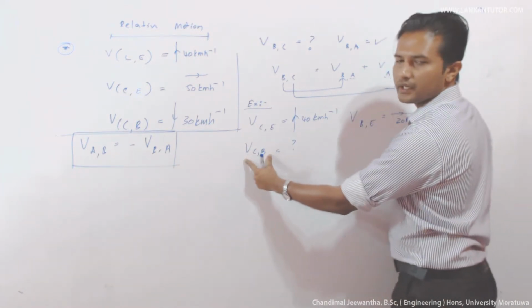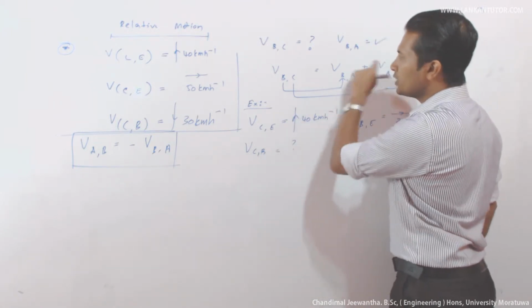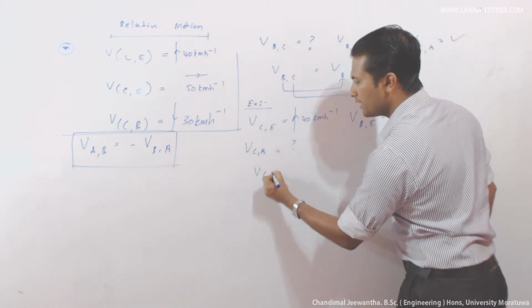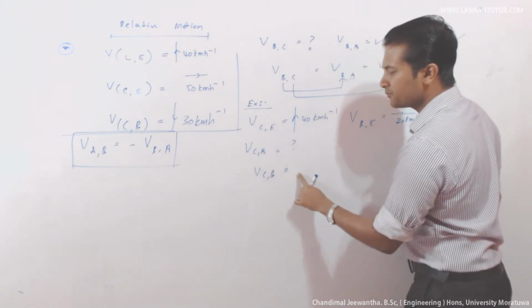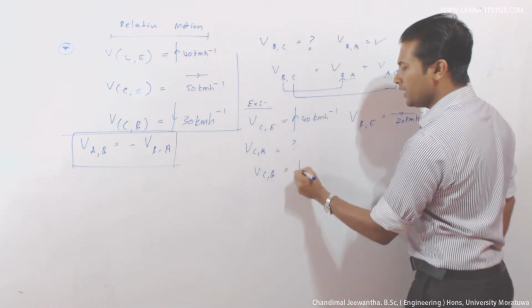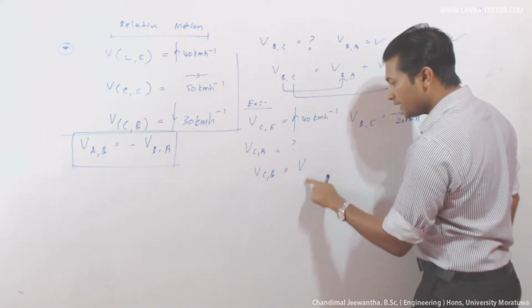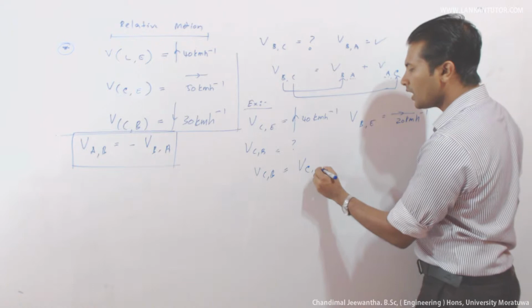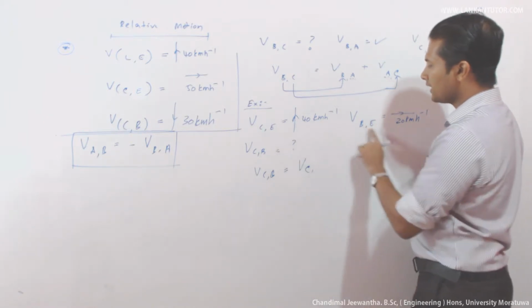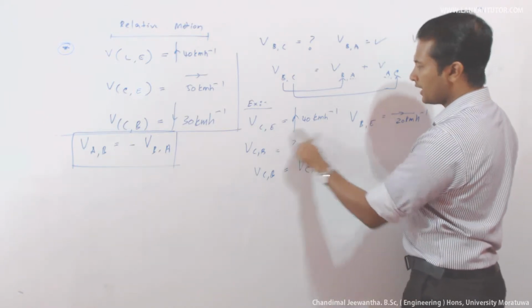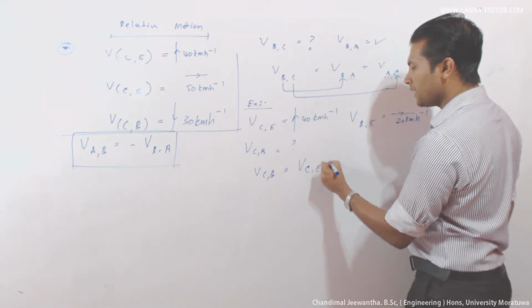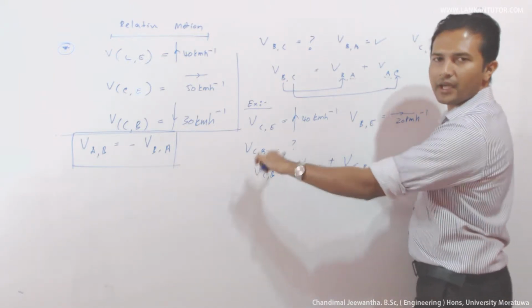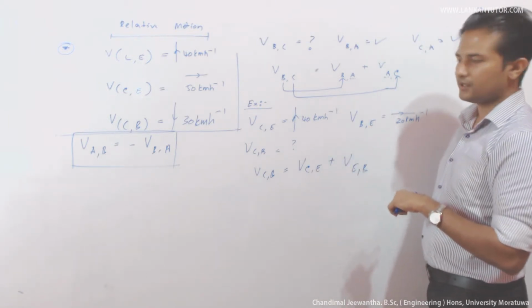This is the unknown. So according to this, write the equation starting from C: VCB equals VCE plus VEB. This is the way of writing the equation.